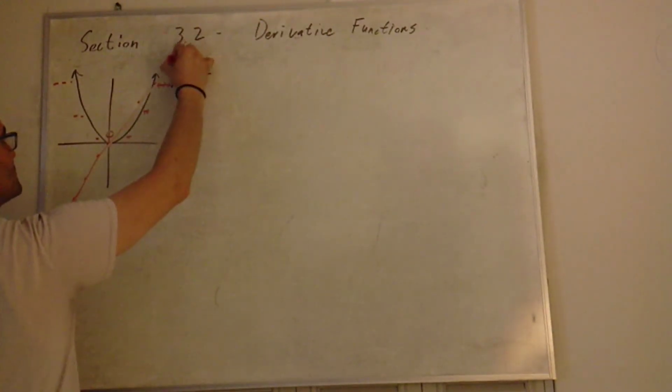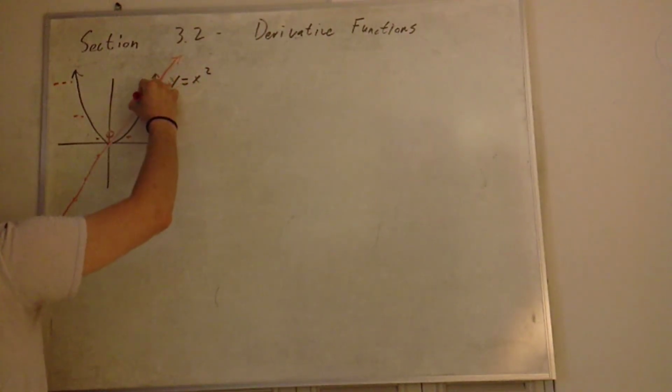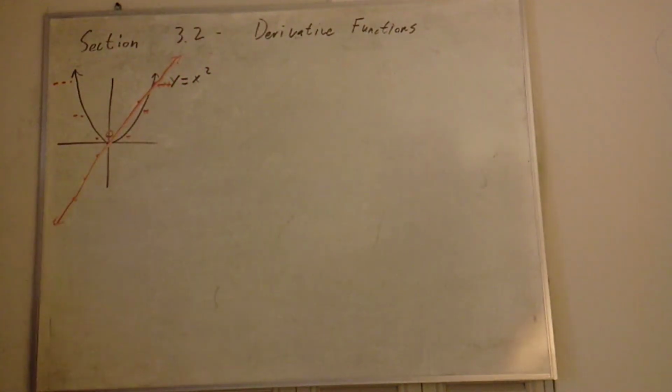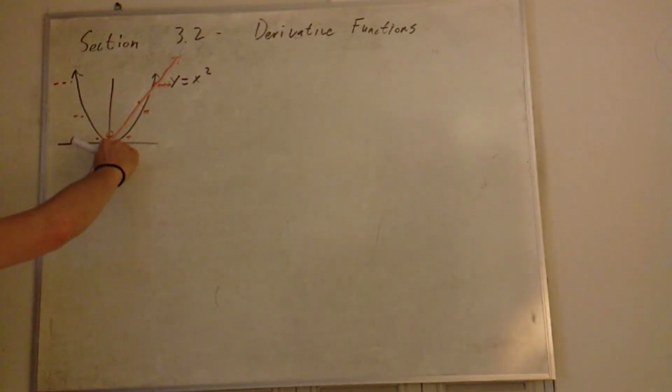Not long for this world. Hopefully that's a little more clear. The slope of this is a straight line. It goes through 0, 0, because that's where the original function has its maximum or minimum. This point, the vertex of the parabola, is where the tangent line is flat. If the tangent line is flat, the derivative is a value of 0.